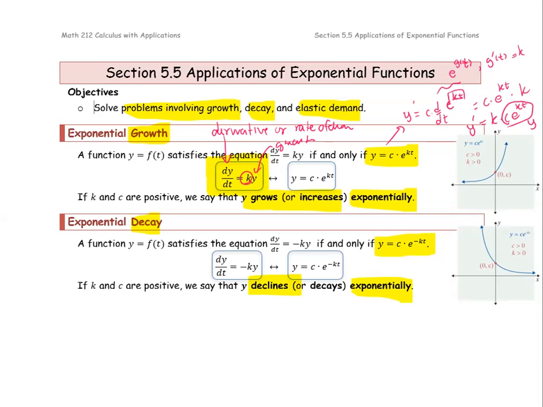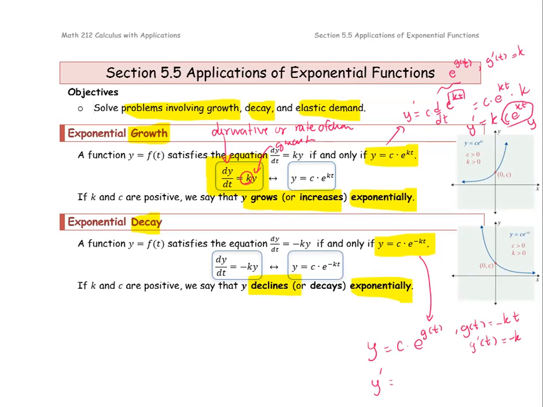Similar to the case of decay, if y is c times e to the negative kt, or y is in the form of c times e to the function g of t, where g of t is negative kt, therefore g prime is negative k.